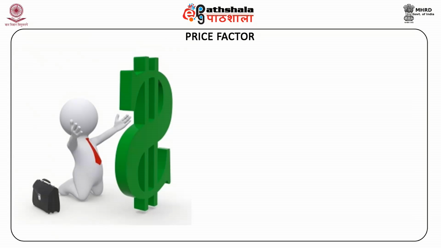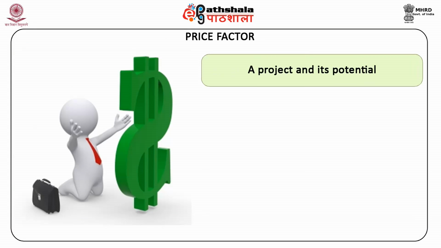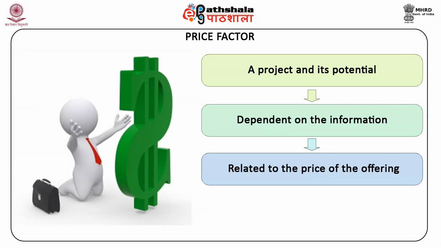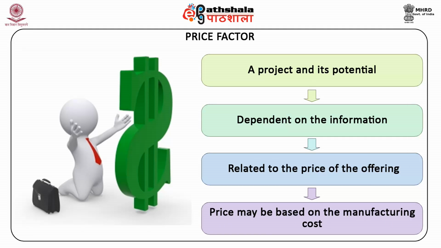Next is the price factor. A project and its potential are to a great extent dependent on the information related to the price of the offering. Thus, price may be based on the manufacturing cost, average retail price, wholesale prices, or price of the imported products.